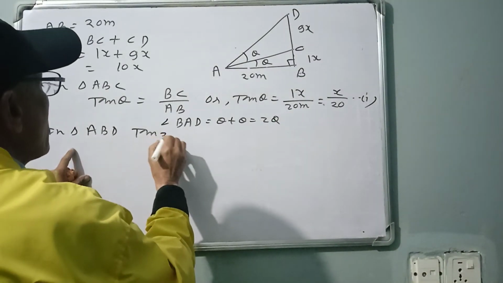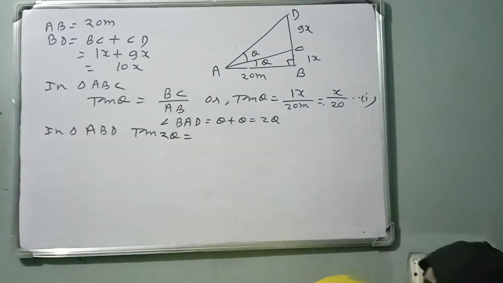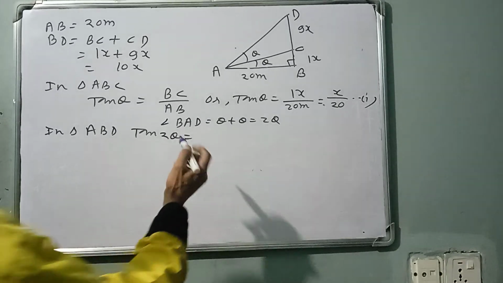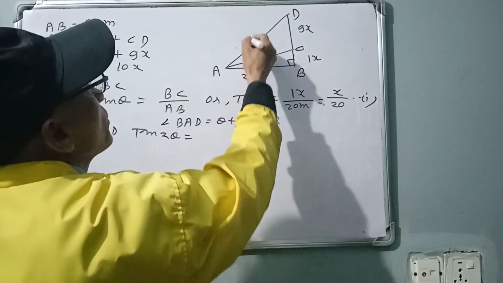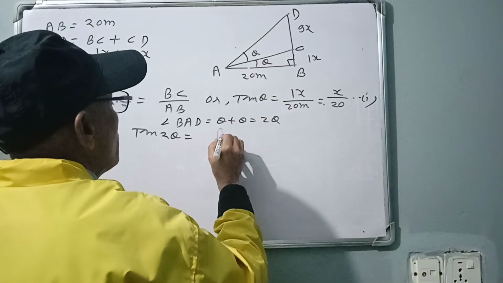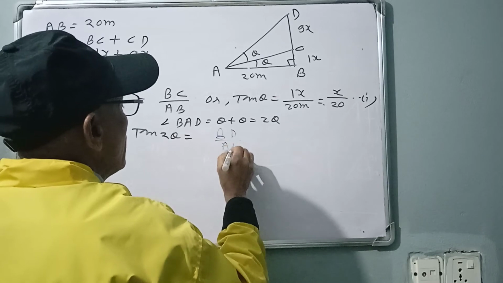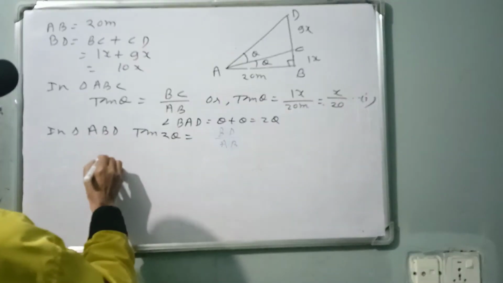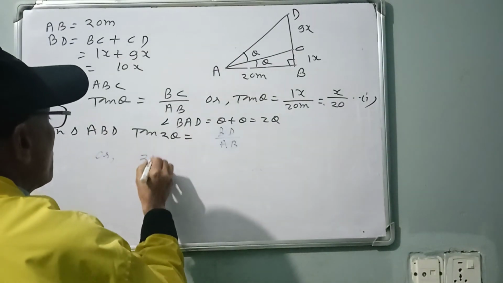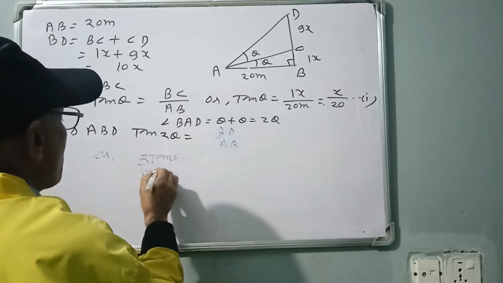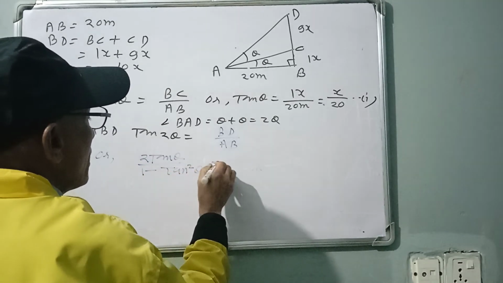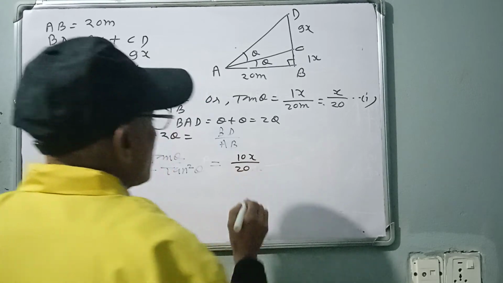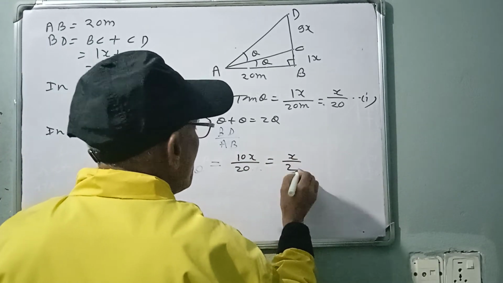In triangle ABD, tan 2 theta equal BD by AB. Using the double angle formula, tan 2 theta is 2 tan theta by 1 minus tan square theta, equal BD by AB. BD is 10x by 20, x by 2.